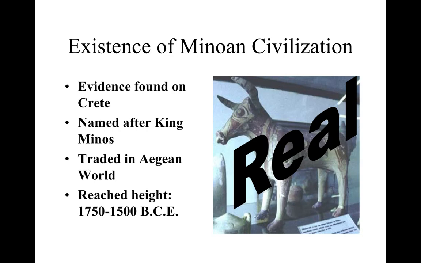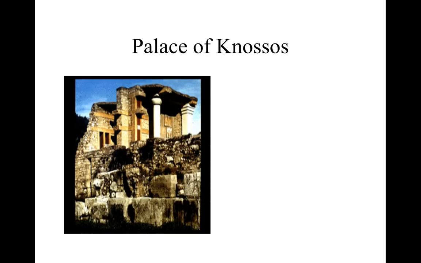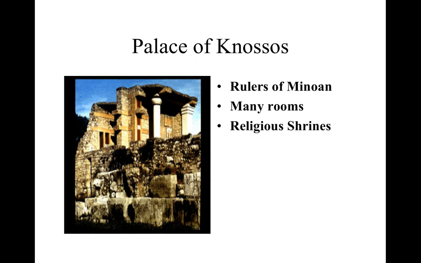So we're going a little bit more in depth on the Minoan civilization then. And so what do we know about the Palace of Knossos? When we look at the Palace of Knossos here, this was said to be or rumored to be part of the Minoan civilization. It's where the rulers of the Minoan civilization would have lived. And it had supposedly many, many rooms inside this palace. It had religious shrines.